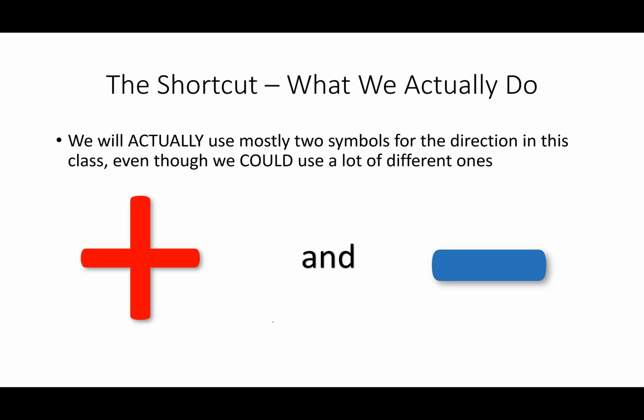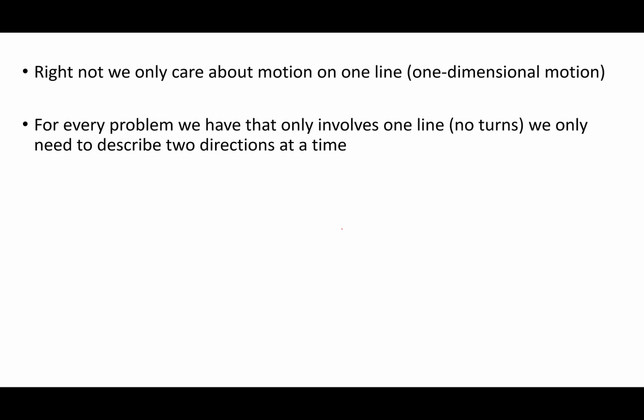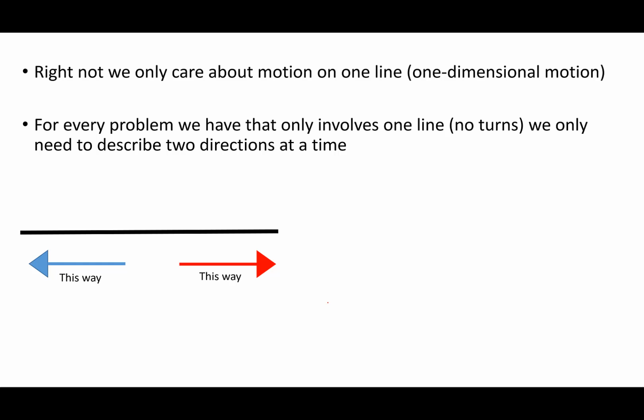They're just symbols. And sometimes we use arrows, but we'll do that later. So, we only care about motion on one line for this particular video, one-dimensional motion. So for every problem that only involves one line, we only need two directions, right? We got this way and that way.